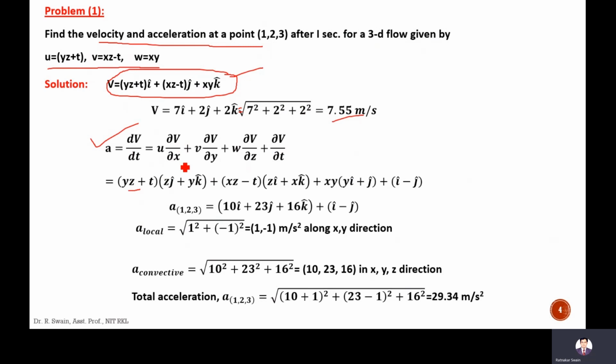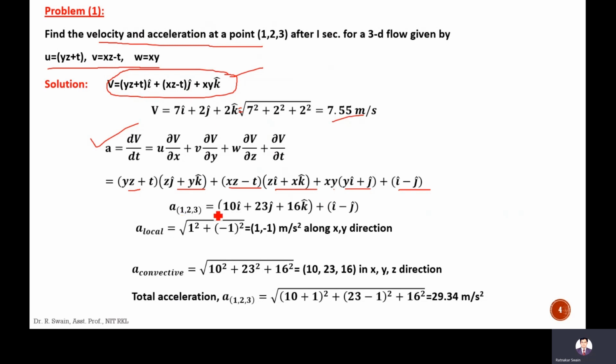The derivative of V with respect to x will be z j cap plus y k cap. Similarly for v del V by del y and w del V by del z. Del V by del t is i cap minus j cap.